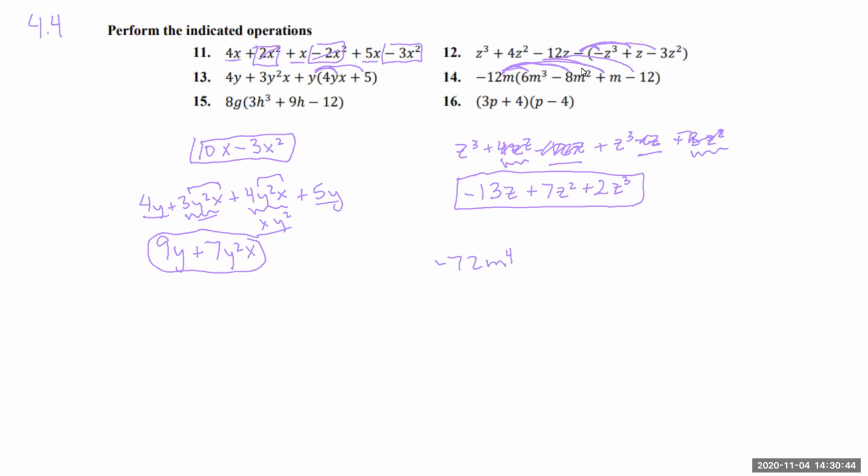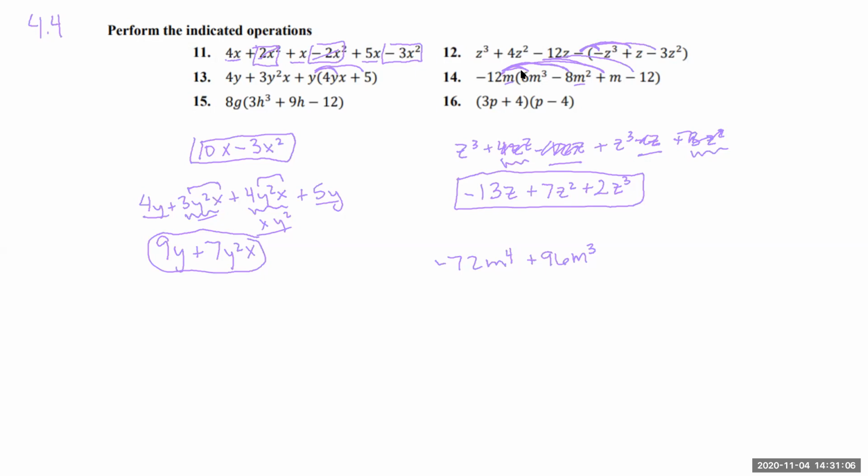Then the next one is if we do negative 12m times negative 8, that is going to give us a positive 96. And then remember to multiply the m's as well. So we have m and m squared, which is going to be m to the third, because we're just adding the exponents since they are being multiplied.